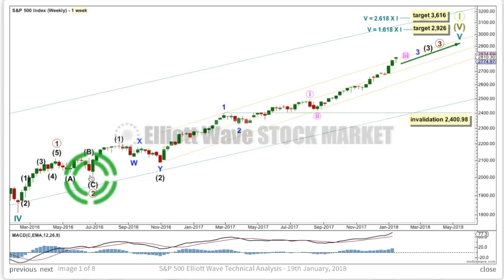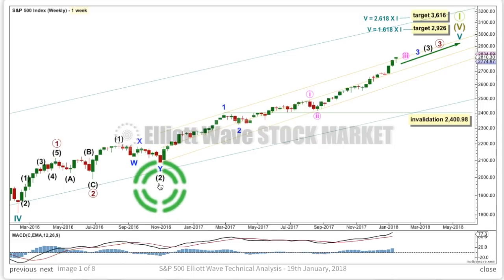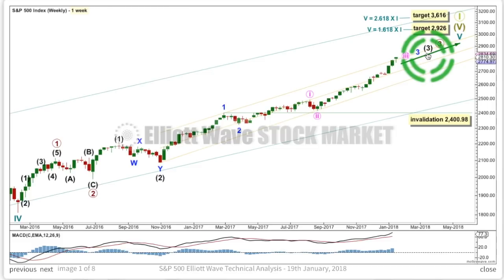Primary wave 2 here lasted 10 weeks, and I think intermediate wave 2 lasted 11 weeks. So they're nearly 3 months in duration each. And so if we see about 3 months in duration for intermediate 4 and primary wave 4, that's 6 months just for corrections, and then we've also got fifth waves following them to move on up to the new highs.